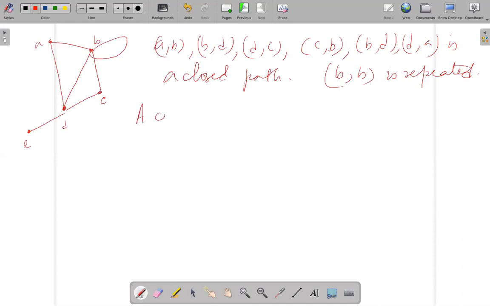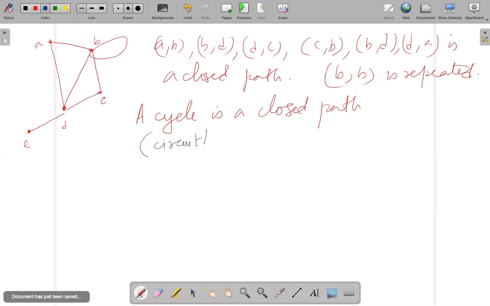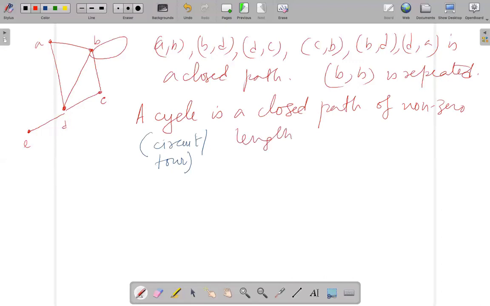A cycle is a closed path. Sometimes a cycle is also called a circuit or a tour. Okay, it is a closed path of non-zero length. Remember these keywords. Again, this is an important definition.